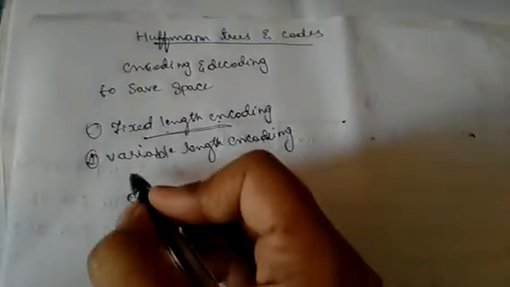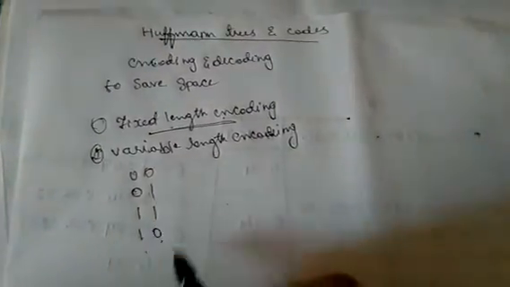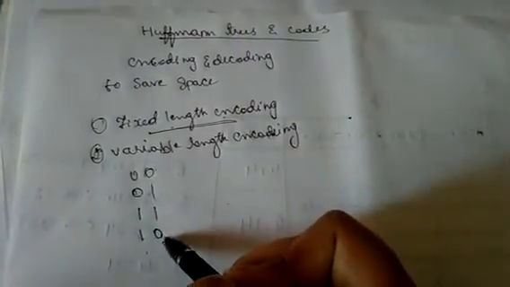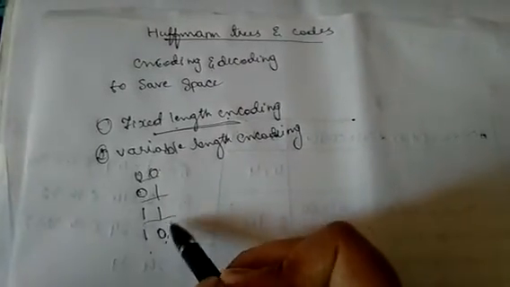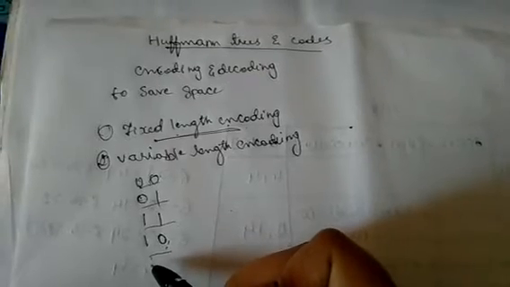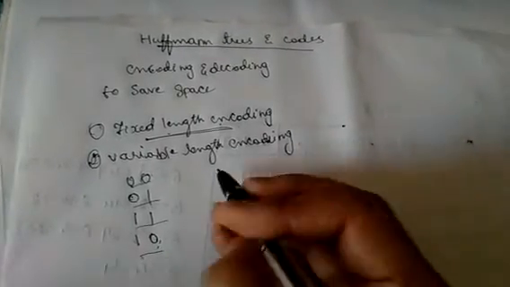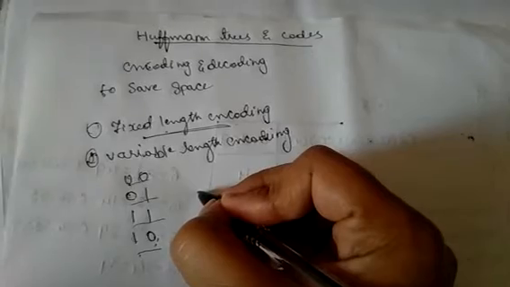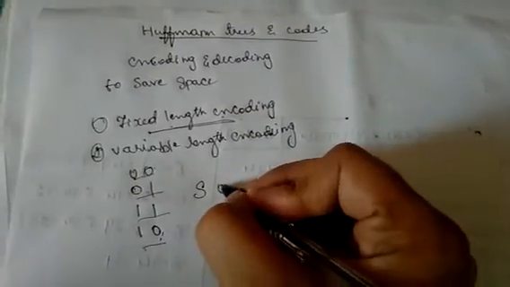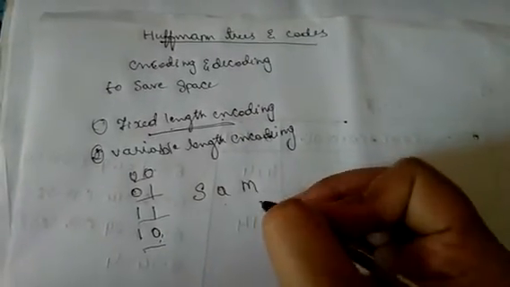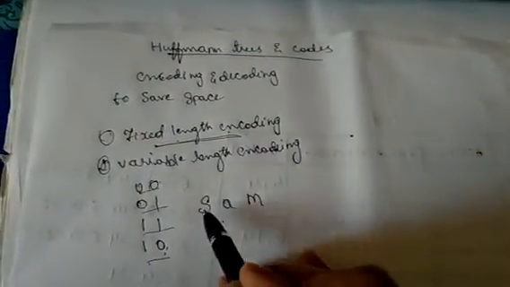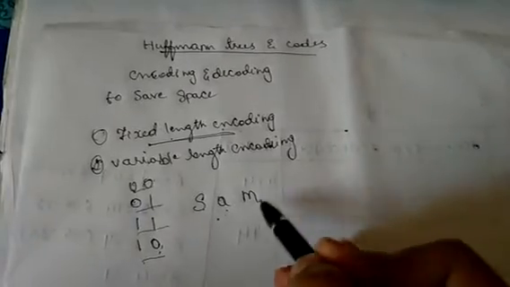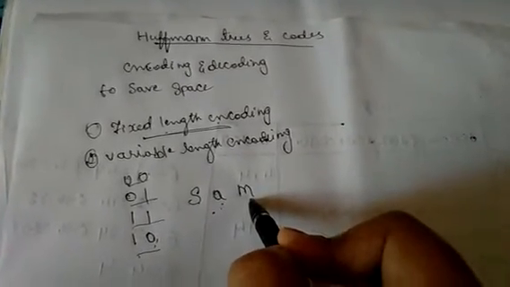Here you can have 0 0 also. These all have the same length: this is length 2, this is length 2, this is length 2, this is length 2. For example, I have some text, say S, A and M. For each of S, A and M there will be a binary code.